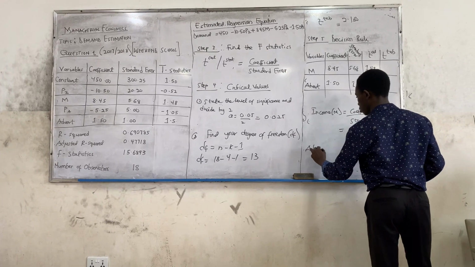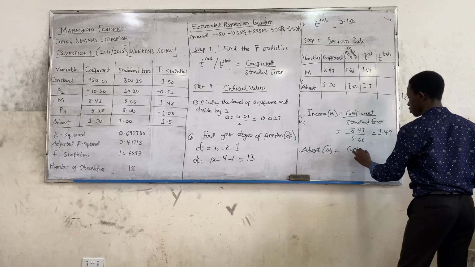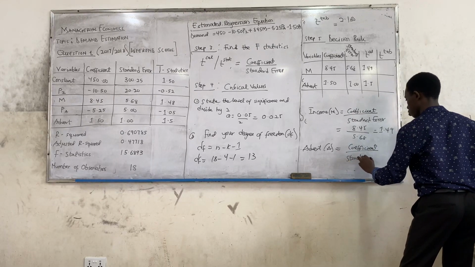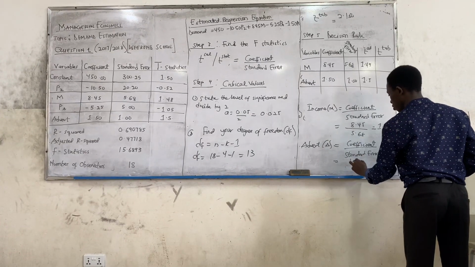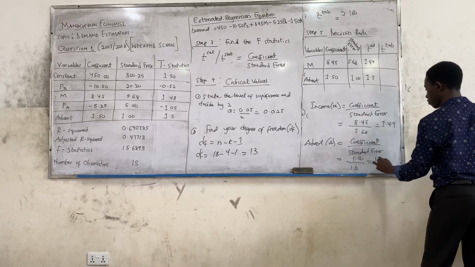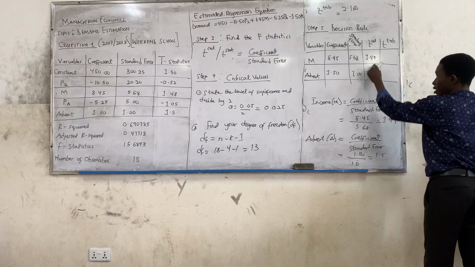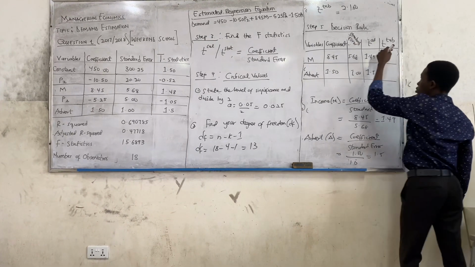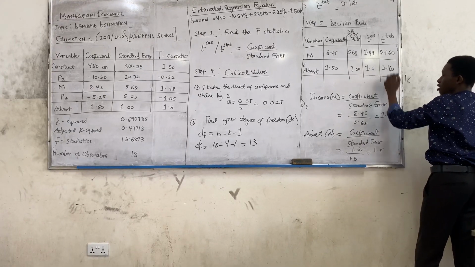Advert: the coefficient for advert is 1.50, standard error 1.0. We get 1.5. So income is 1.49, advert is 1.5. The T tab will be 2.160. So you just fix it inside.